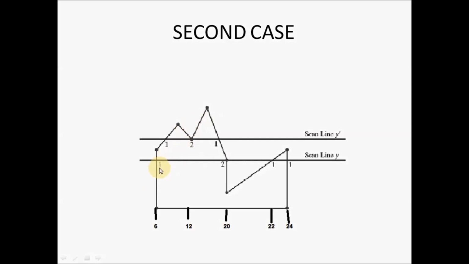So this is one edge, this is one edge, this is one edge. Here 2 means what? At this intersection point one edge is upwards, one edge is opposite, backwards. See here, one edge is upwards but one edge is backwards, that's why 2. How many edges are now intersecting?